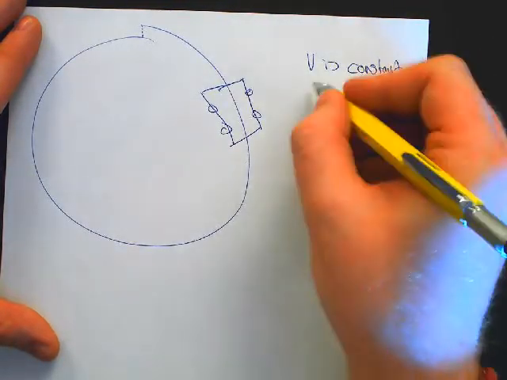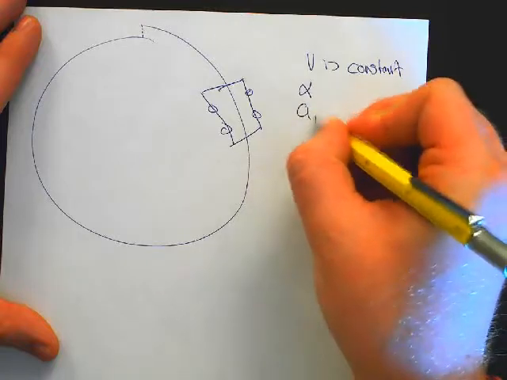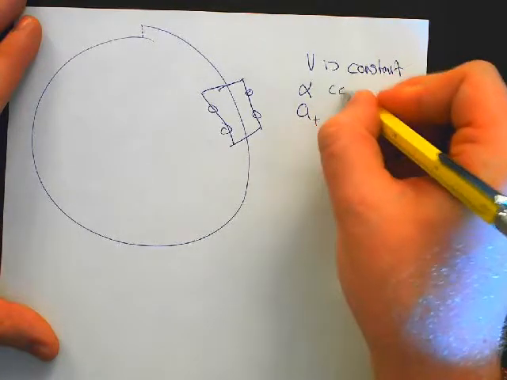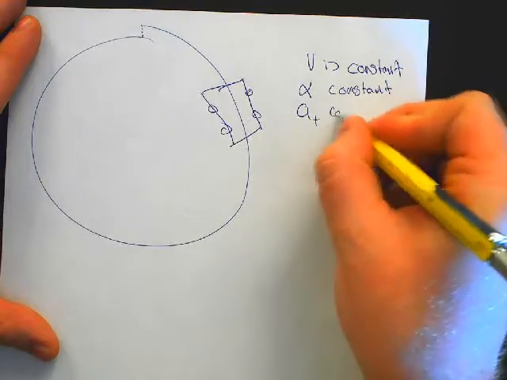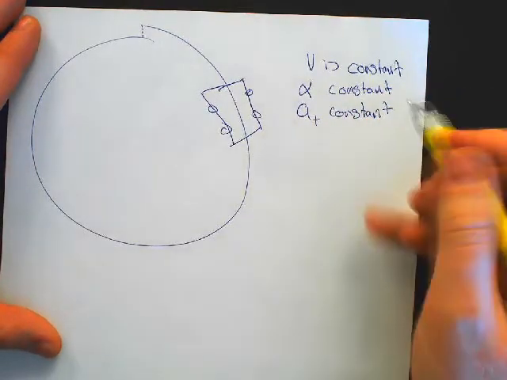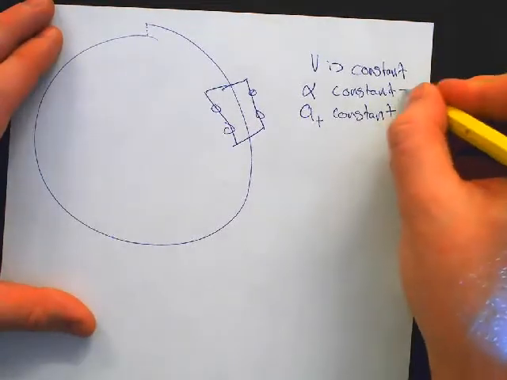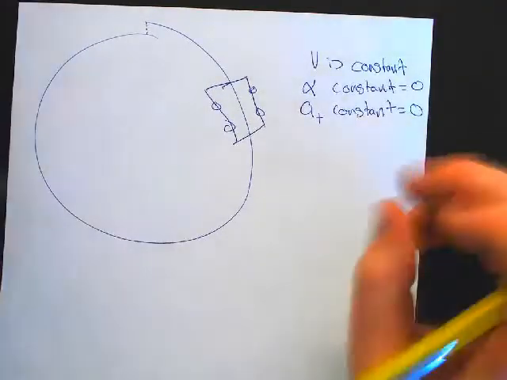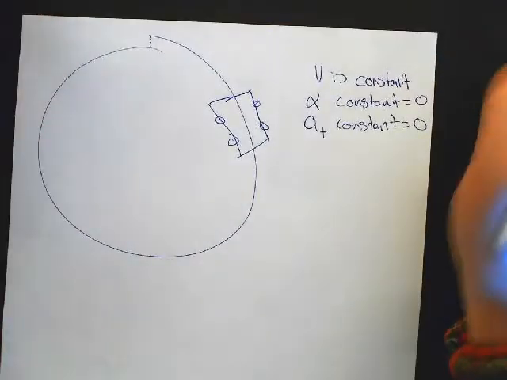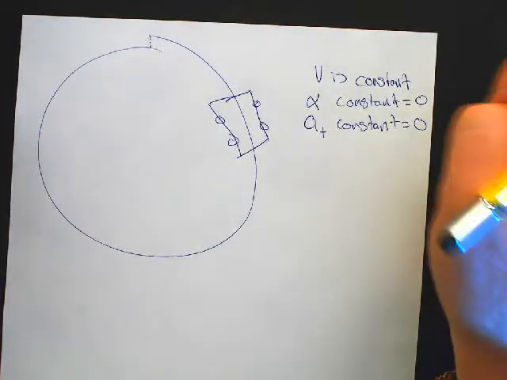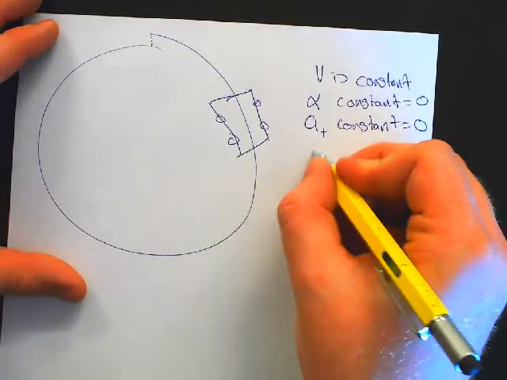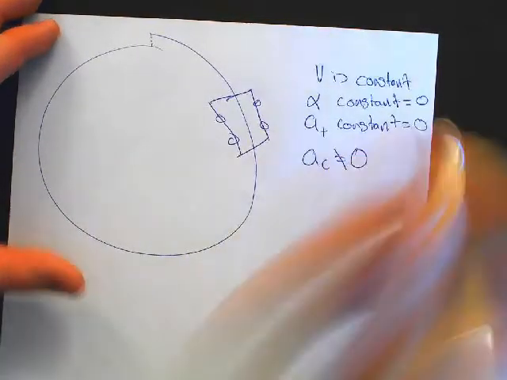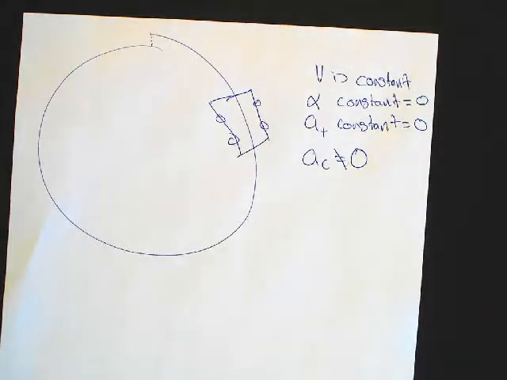That means that alpha and A tangential are also constant. Specifically, because V is constant, these two are equal to 0. However, centripetal acceleration is not equal to 0, because if it is, you go in a straight line. Then it's accelerating.